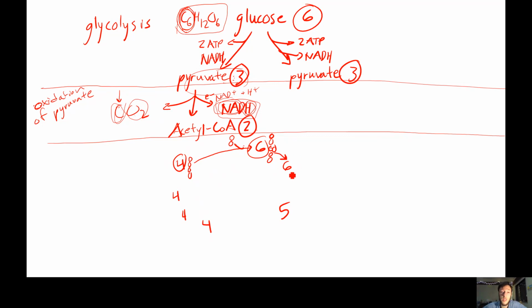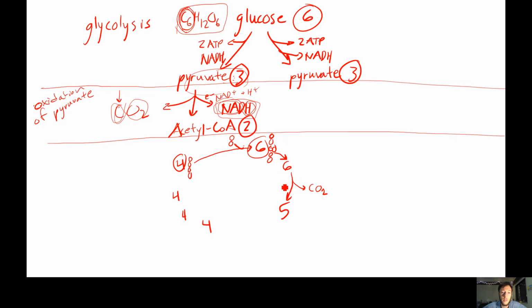The important stuff is when we see a change in carbons. So from 4 to 6, we know the 2 is entering in there. Okay, that makes sense. 6 to 5. What do you think is going to happen here? If we're losing a carbon, what form is it going to be in? If you said carbon dioxide, you're absolutely correct. It's going to lose some carbon dioxide, which means it lost an electron.